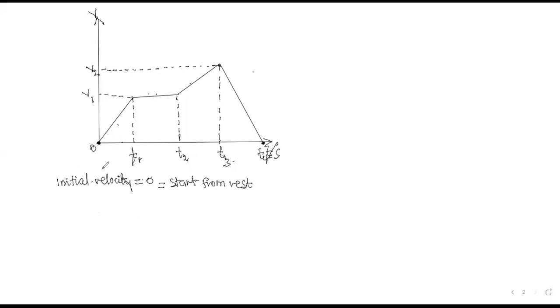So a body starts from rest, accelerates uniformly to a final velocity v1 within a time interval of t1. So the body starts from rest and accelerates uniformly to v1, but you must talk about the time within a time interval of t1.